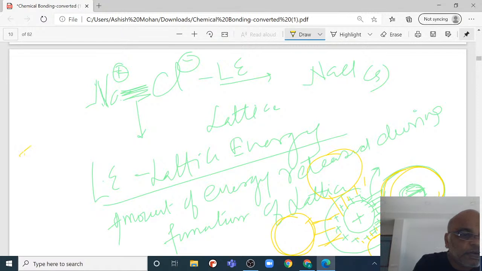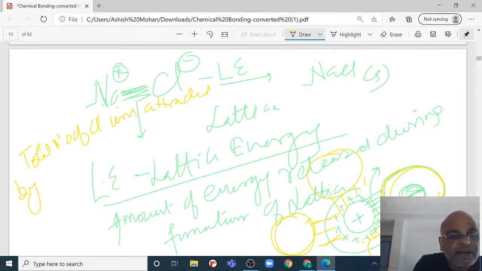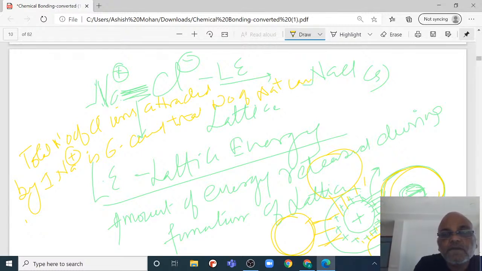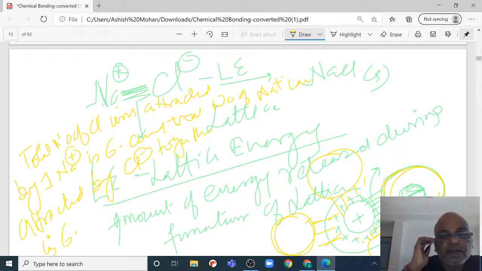So the total number of Cl minus ions attracted by one Na plus is 6, and the total number of Na plus ions attracted by one Cl minus is also 6.